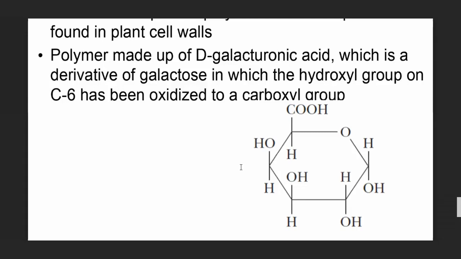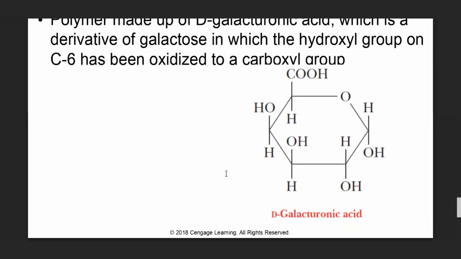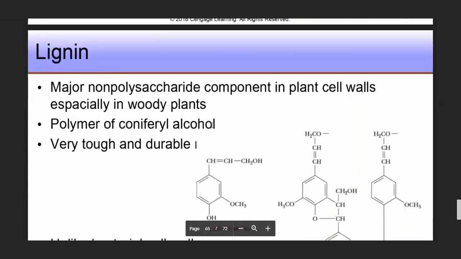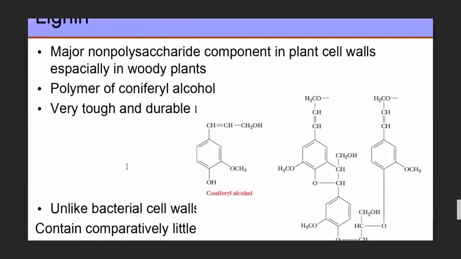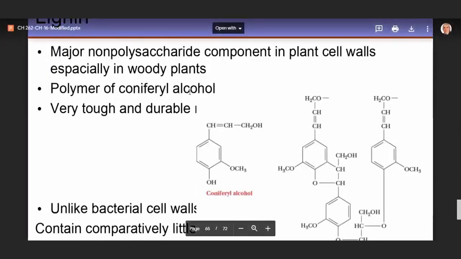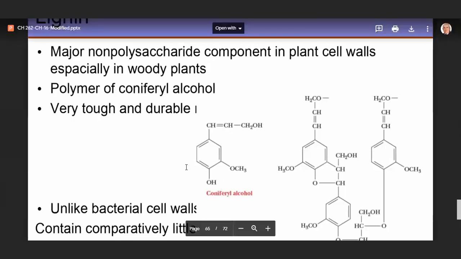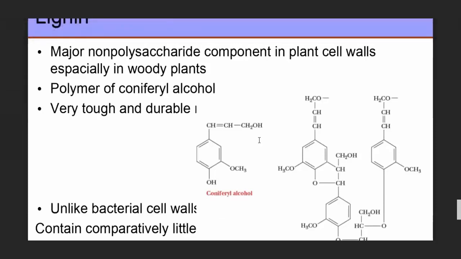Pectin is extracted from plants because it has commercial importance in the food processing industry as a gelling agent in yogurt, fruit preserves, jams, and jellies. Now, the major non-polysaccharide component in the plant cell wall, especially in woody plants, is called lignin. Lignin is a polymer of coniferyl alcohol. This is the structure of coniferyl alcohol.